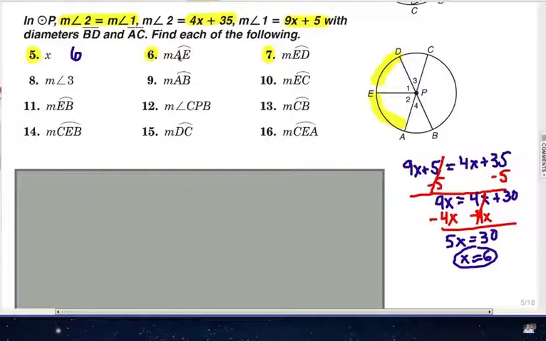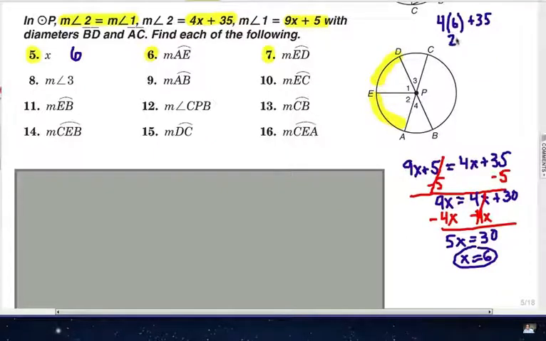All right, now if we're looking for a measure of arc AE, that is this right here, and it's going to be the same as the central angle, so that's going to be angle 2. Let's go ahead and just substitute the x value of 6 into the angle 2 expression. Now it's 4x plus 35, so that's really 4 times 6 plus 35.